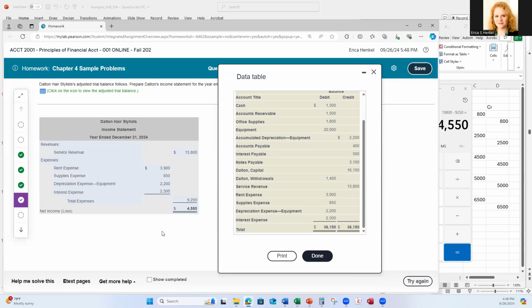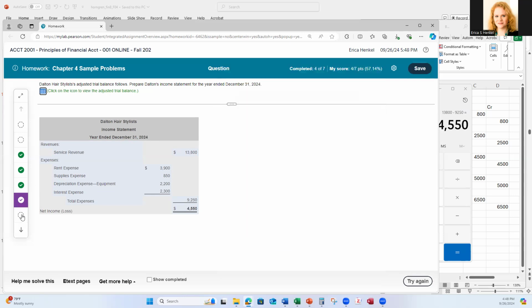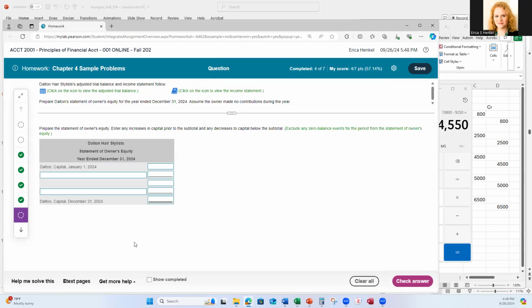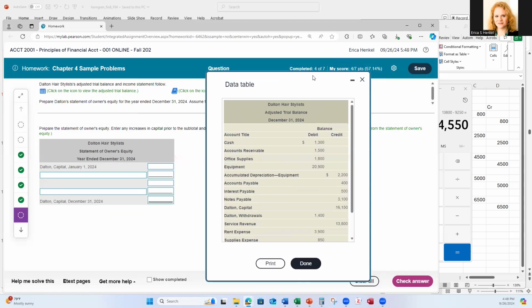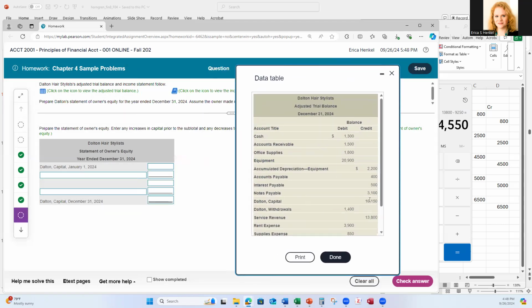And then our last problem here is going to be the statement of owner's equity. So same thing we did in that last problem here. So we're going to have our beginning capital will be last year's ending capital, which should be the 16,150 here. So take a minute and try and do this on your own based on memory from what we just did a second ago.